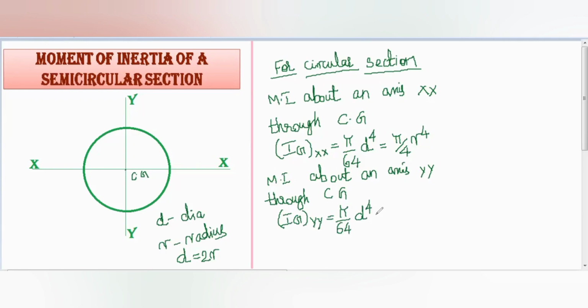So IG x-axis or IG y-y, both the values are same here. Okay. So we can take pi by 64 d power 4 or pi by 4 r power 4. This is for the circular section.